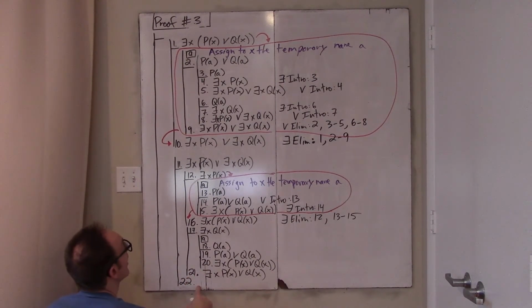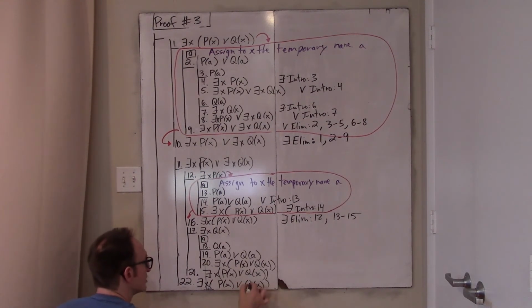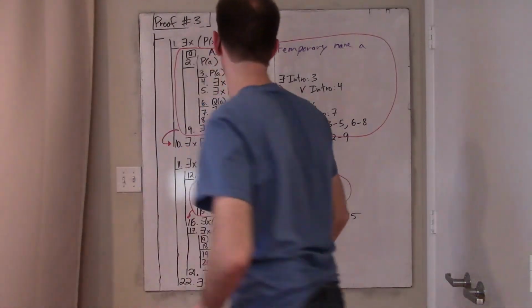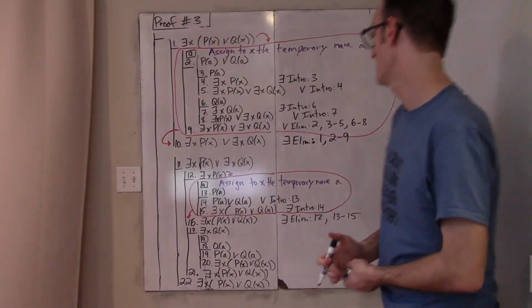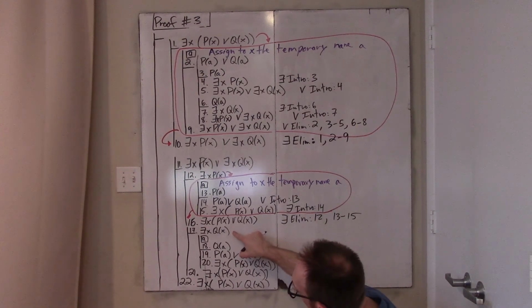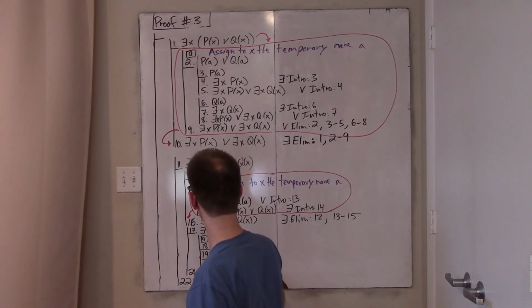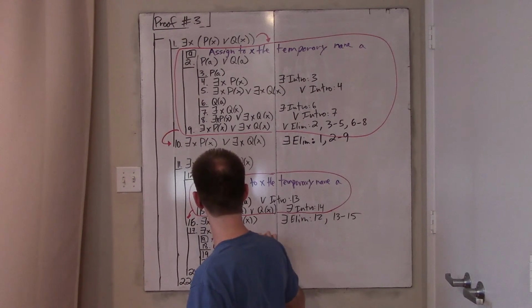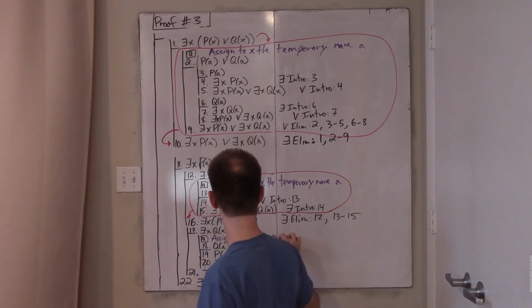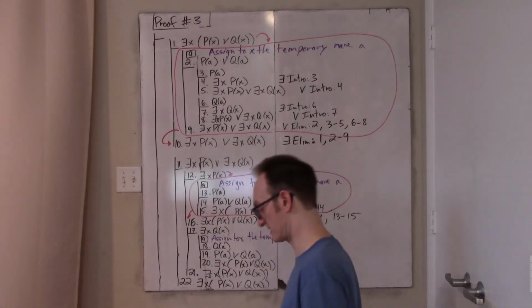This will now be the conclusion of the proof by cases. So there exists an x, parentheses here, P of x or Q of x. Okay, what's going on here? Let's perform the notations because I think they are important here. What happened? In line 17, I knew someone had property Q. I assign to x the temporary name A. Okay, great.